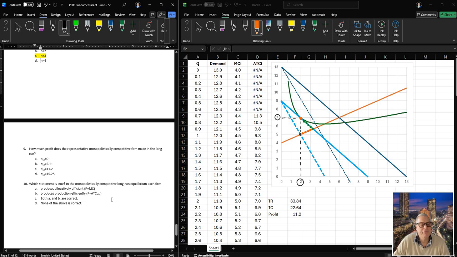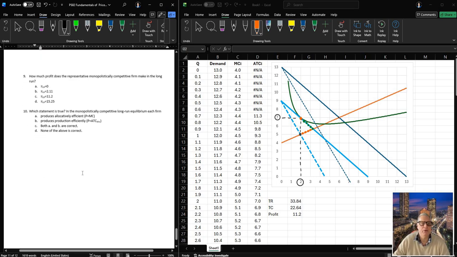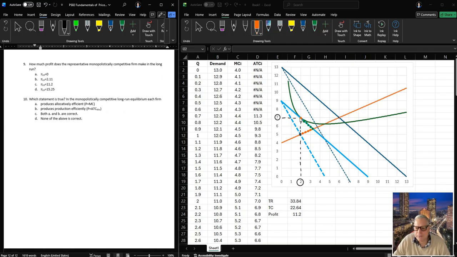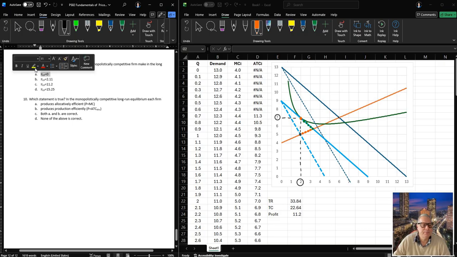And how much profit does the representative monopolistically competitive firm make in the long run? Well, we have already seen, because the price is equal to average total cost, there is zero economic profit.